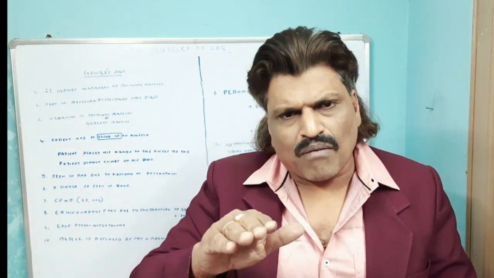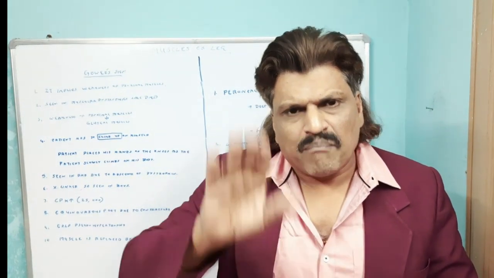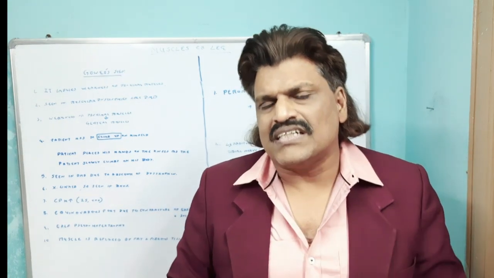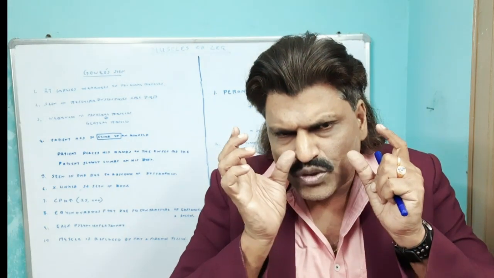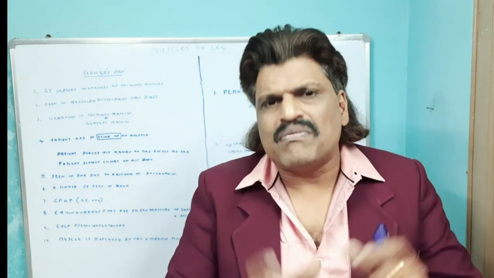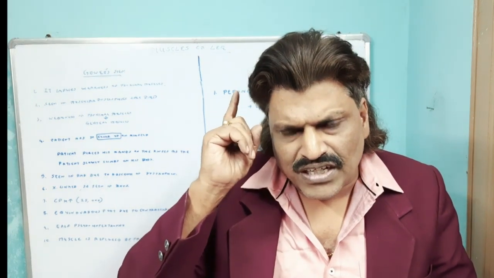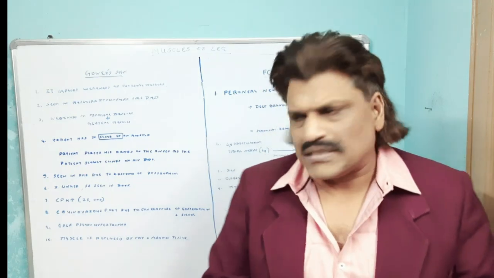If there is a foot drop and eversion weakness, it is peroneal neuropathy. But if there is a foot drop but inversion is weak, that means L5 radiculopathy. So we should always examine the inversion of the foot. If the inversion of the foot is also weak along with the foot drop, that means it is L5 radiculopathy.